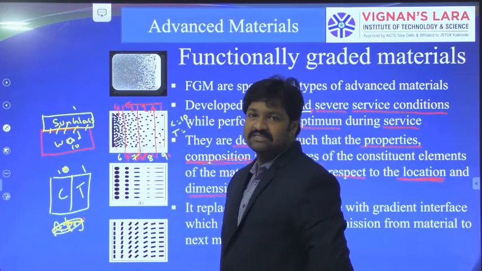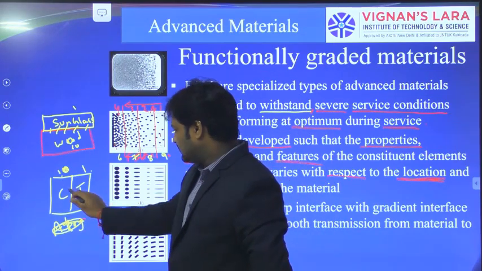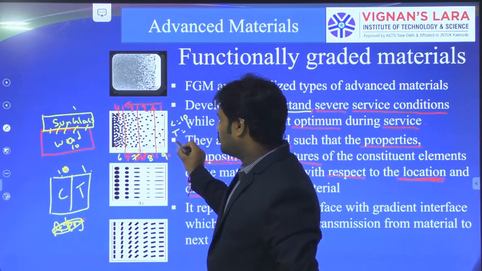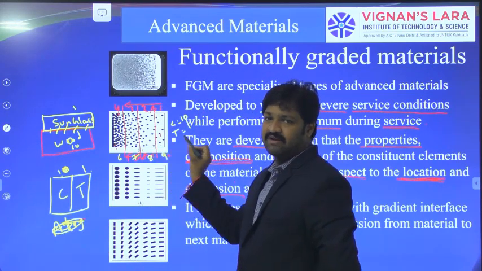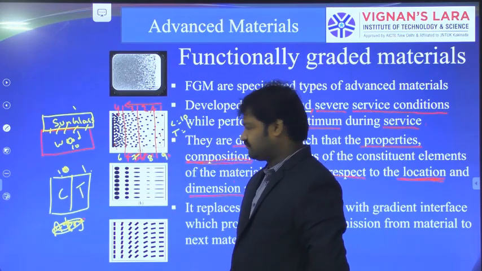Gradually the interface is changing. Whereas here this is having 10 and this is having 1, there is a sharp interface between these two. Here, due to variation in composition from one side to the other, gradually the composition is changing.